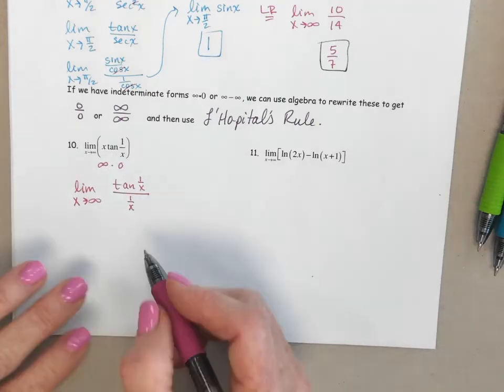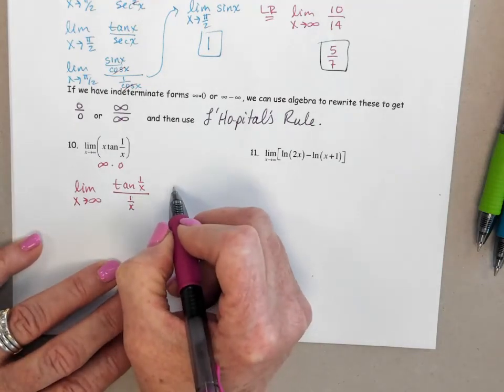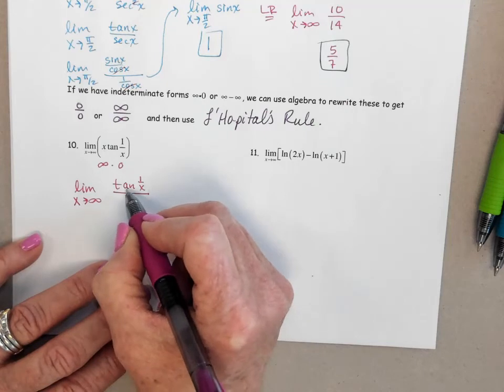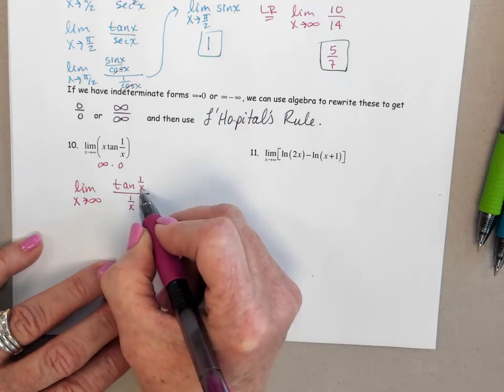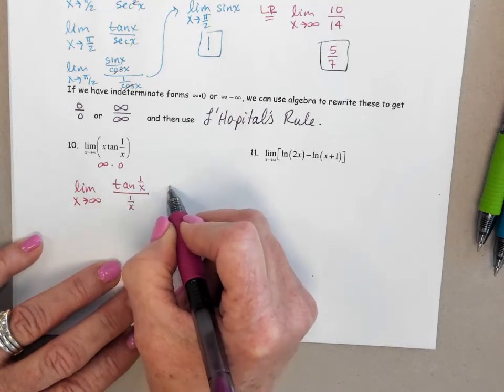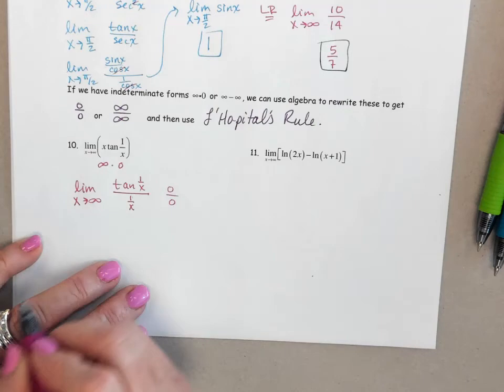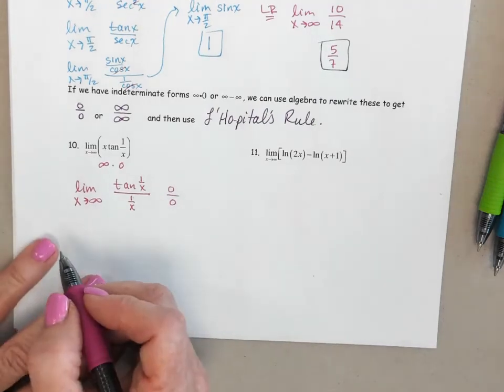It is. So now when we sub in, we have tangent of 1 over infinity, that's tangent of 0, which is 0, over 1 over infinity, that's 0. We have a 0 over 0 situation when we sub in.